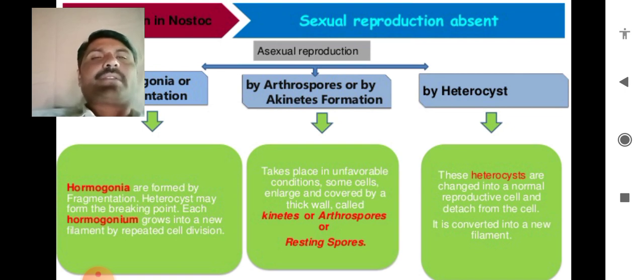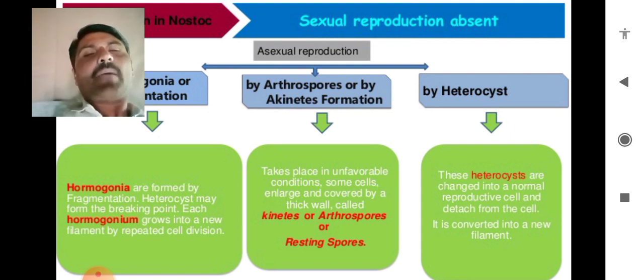The last one, heterocyst. Heterocysts change into a normal reproductive cell and lastly detach from the mother cell, and it is converted again to form a new filament.